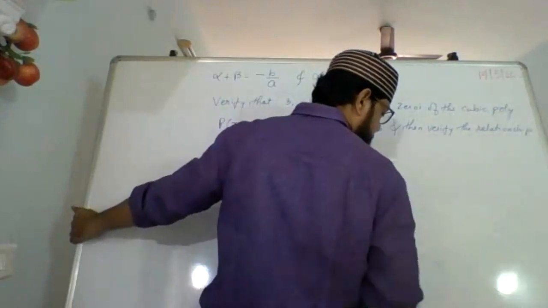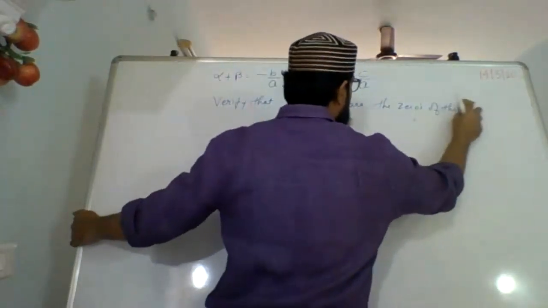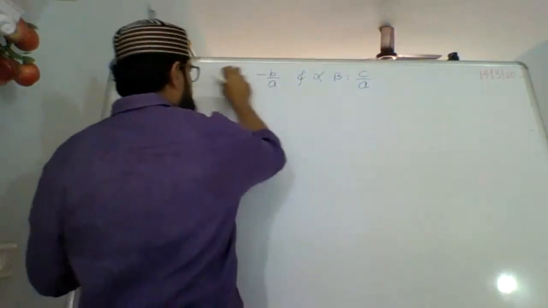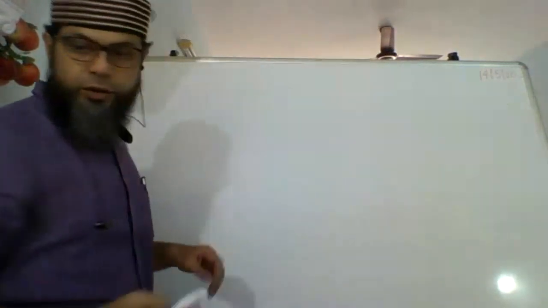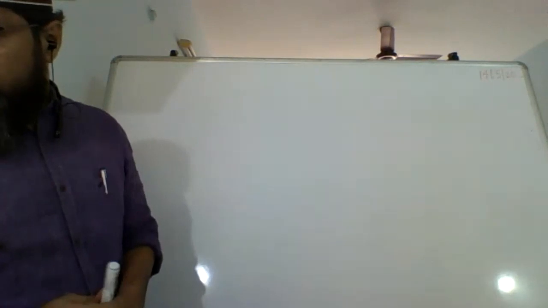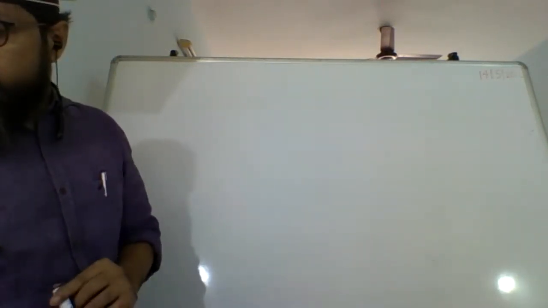So if it has three zeros and you are given one of the three zeros, can you find the other two? That is the question.